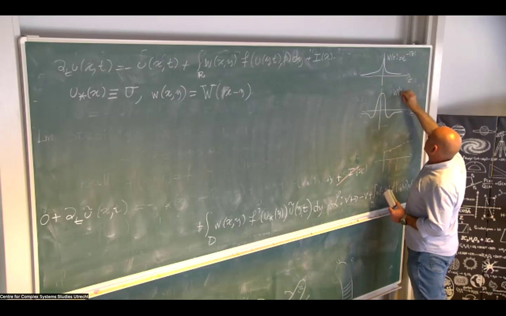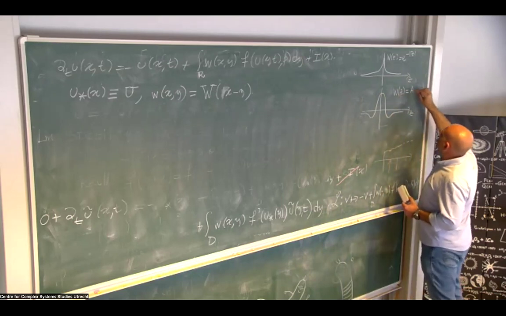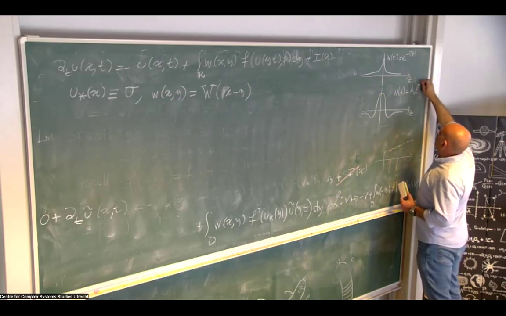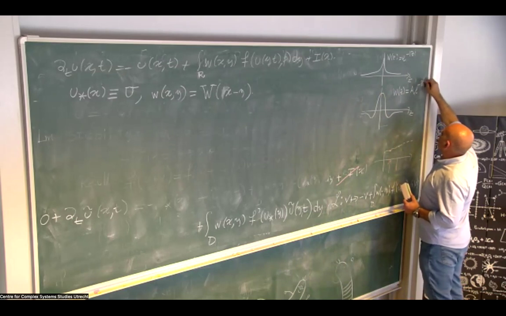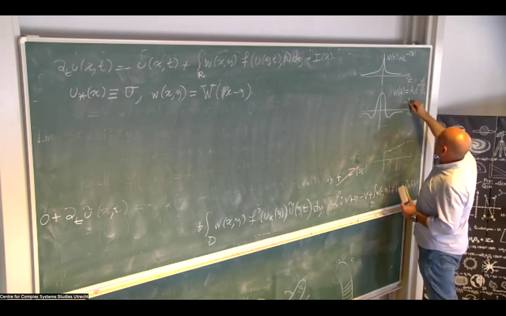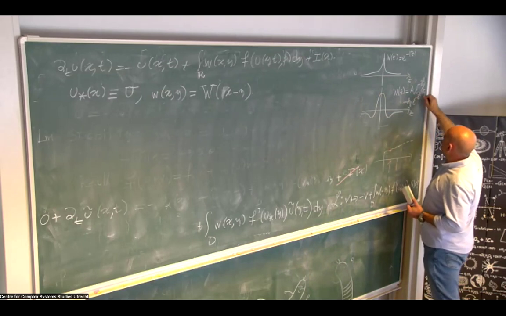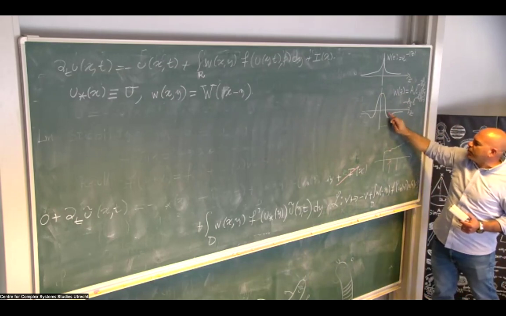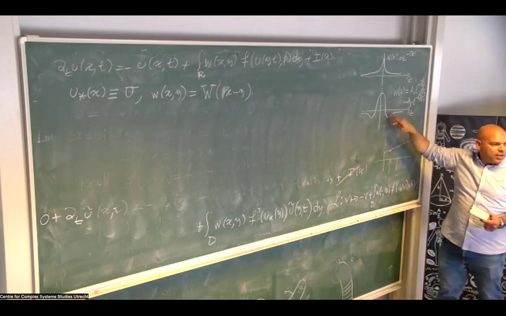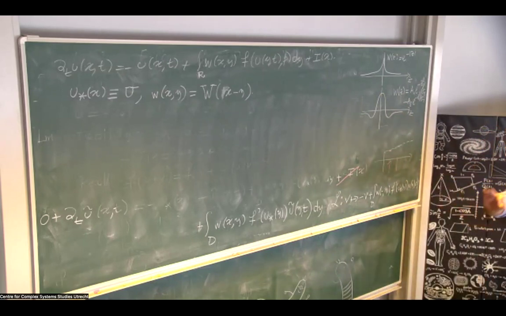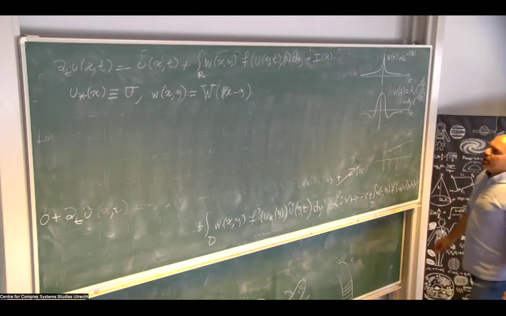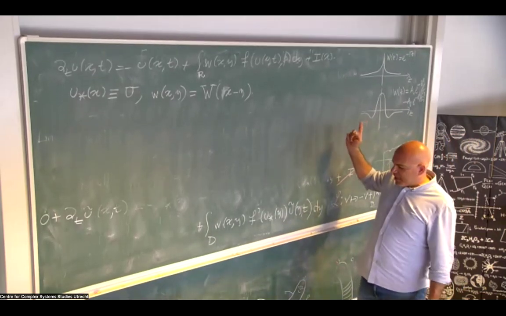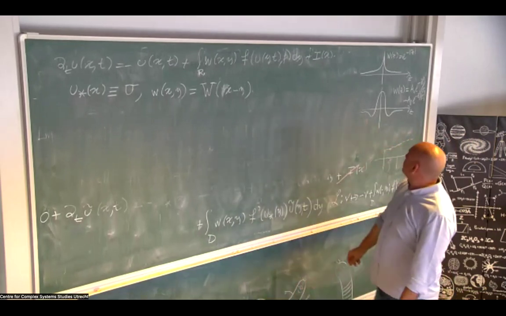So sometimes you would take W of z to be a1 e to the minus z squared over sigma 1 minus a2 e to the minus z squared over sigma 2, two Gaussians, let's say, with parameters a1, a2, sigma 1 and sigma 2, so that you can get also some form of inhibition where you don't excite your neighbor, but you depress your neighbor's activity. Both of them are valid. And actually, there is also experimental evidence for that, depending on where you are on your cortex.